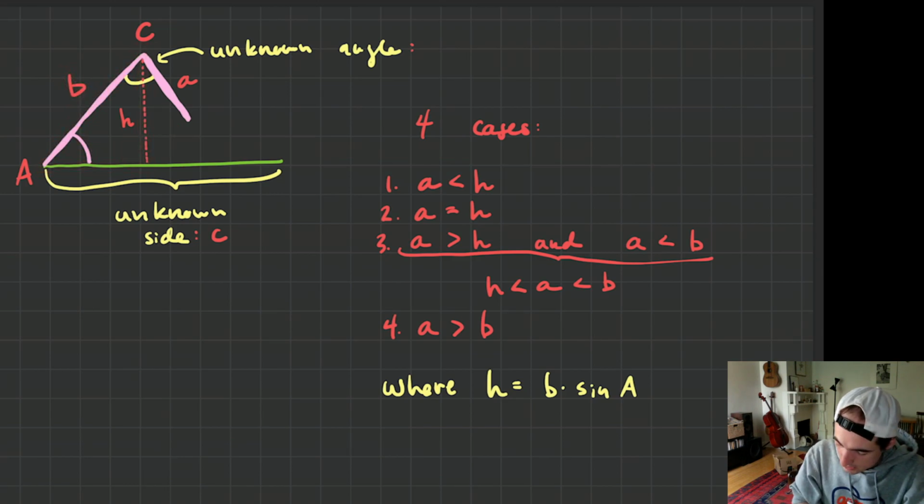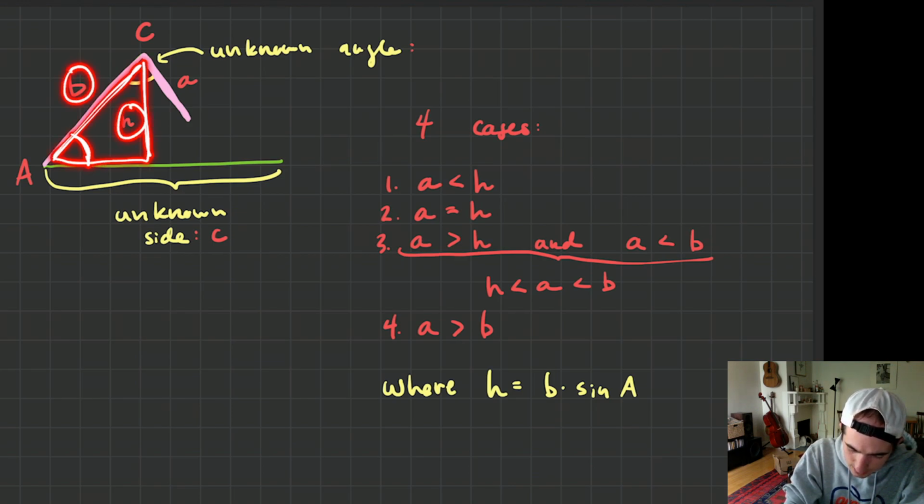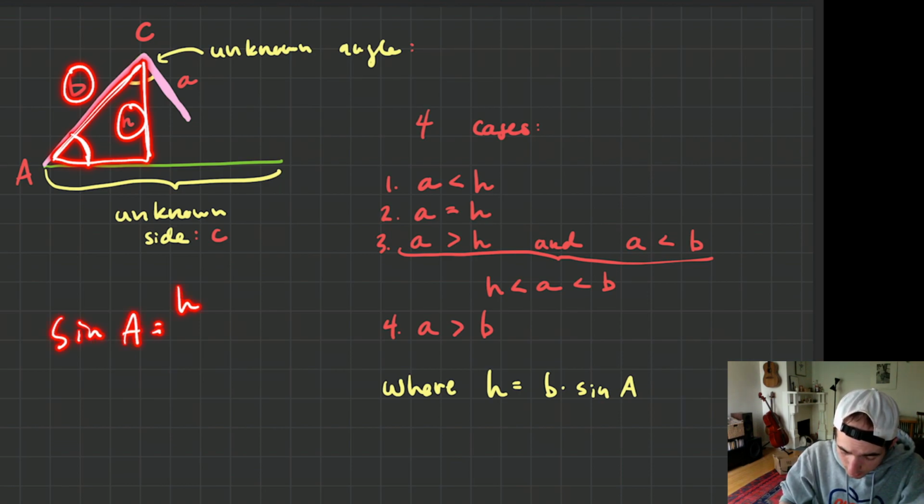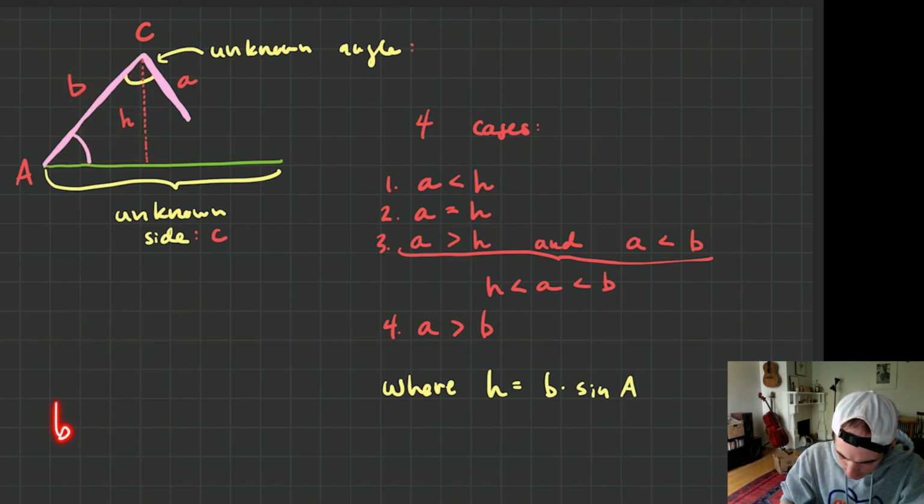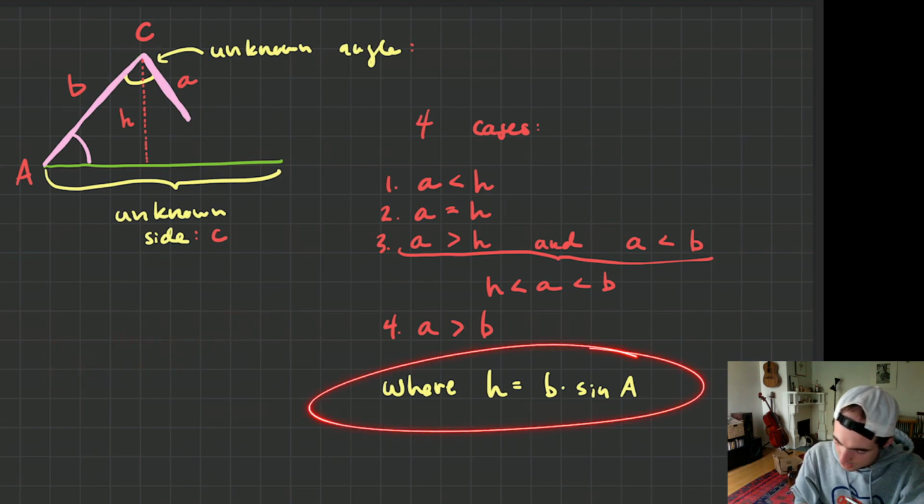Using the sine ratio, sine of a is equal to opposite over hypotenuse, h over b, or in other words, h is equal to b times sine of a, which is what we have here.